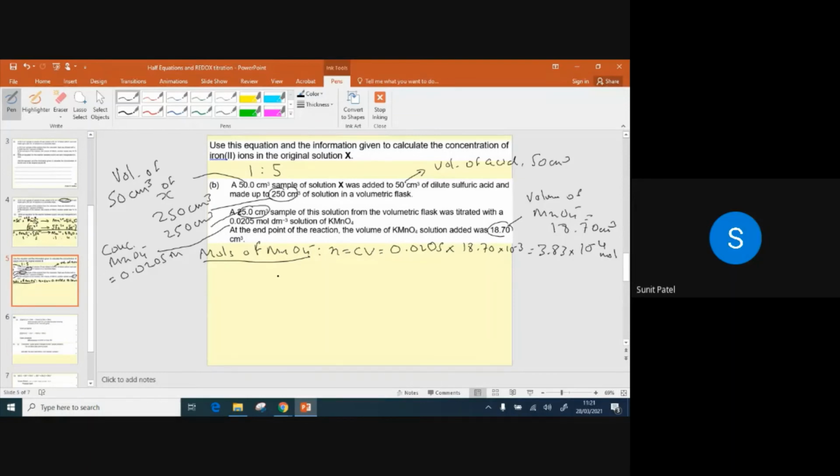Now from there, what can I work out next? Well, because of our stoichiometry from before, 1 mole of MnO4 minus is in ratio to 5 moles of the iron 2 plus. So the only thing I can work out next is the moles of Fe2 plus, and that's of course in the solution.